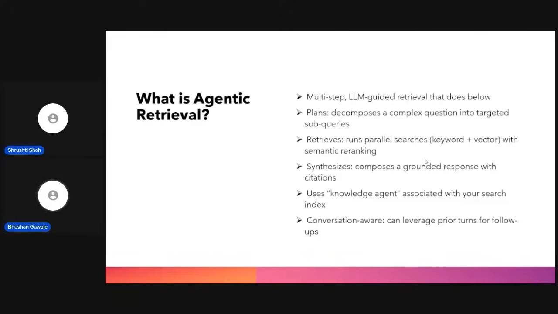It is essentially as simple as breaking down the complex question into subqueries, trying to find the most relevant answer for those subqueries, and then, towards the end, consolidating all those answers and producing a very fine-grained response for you. So it plans those queries, what exactly needs to be done, how that complex question needs to be decomposed.